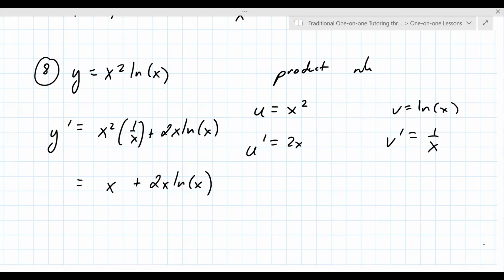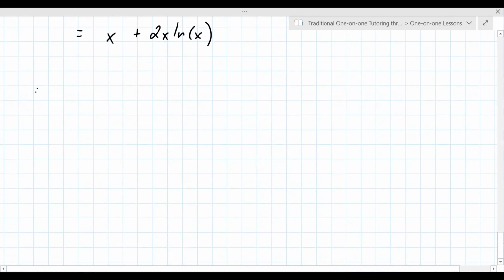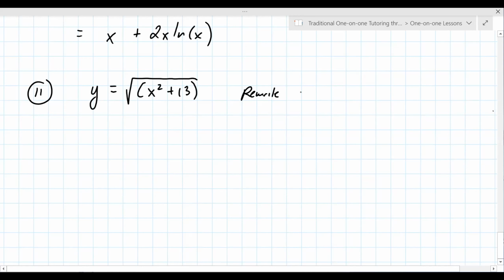Okay, so let's look at number 11. Y equals the square root of x squared plus 13. And there's a really important rewrite step here. The rewrite step is to raise this to the power of 1/2. So maybe on your note sheet, if you feel like this is worthy, put this reminder over here on the right.